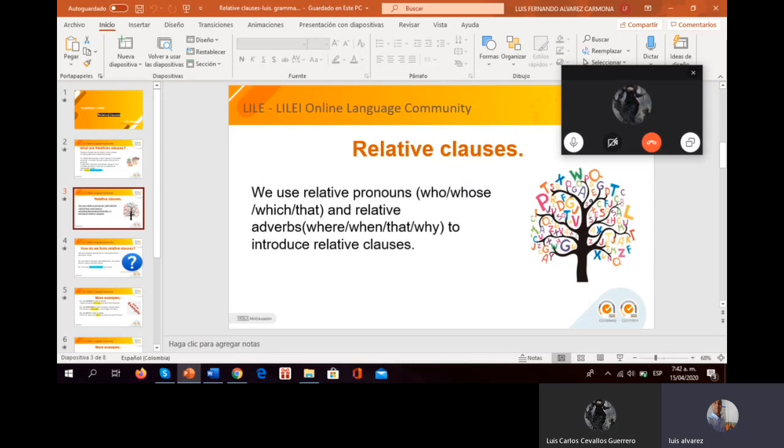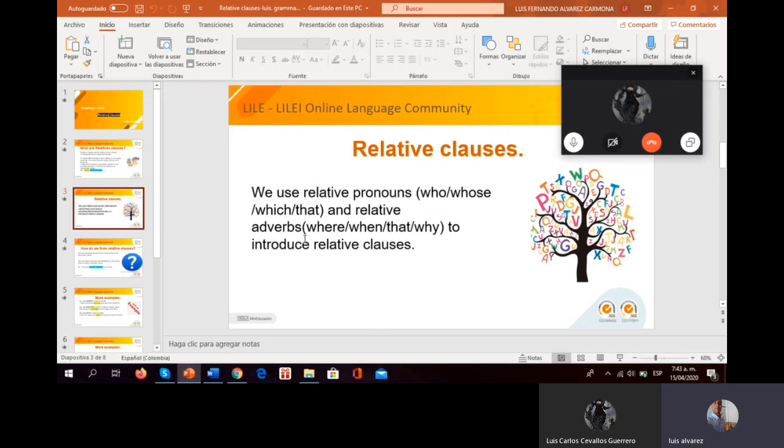So the relative clauses are especially using these kinds of words. We have who. Remember that we use who for people, whose to indicate possession, which for things, ideas, or objects.